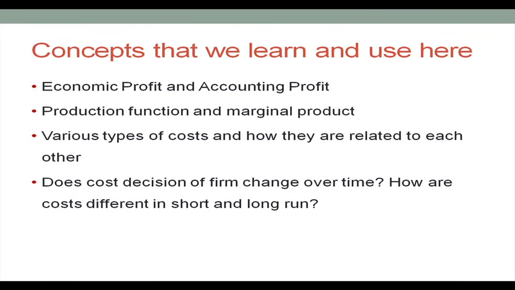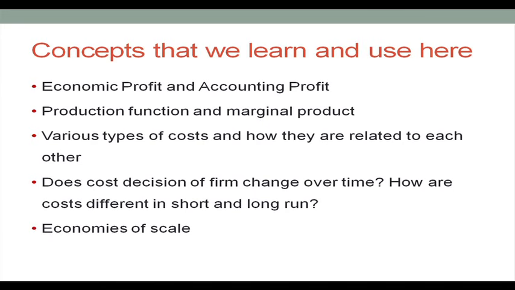Now, does the cost decision of a firm change over time? As we know, a firm has to make some short run decisions, like a producer deciding how much to produce within, say, the next month, and the firm has to make certain long run decisions. Say, for example, a company needs to decide where it sees itself in, say, 2 years time.